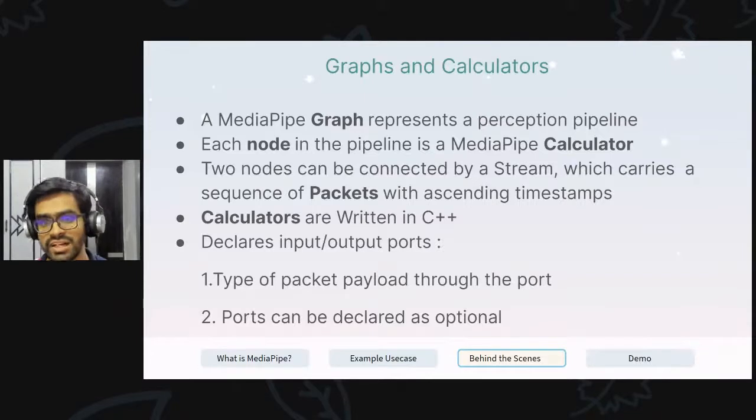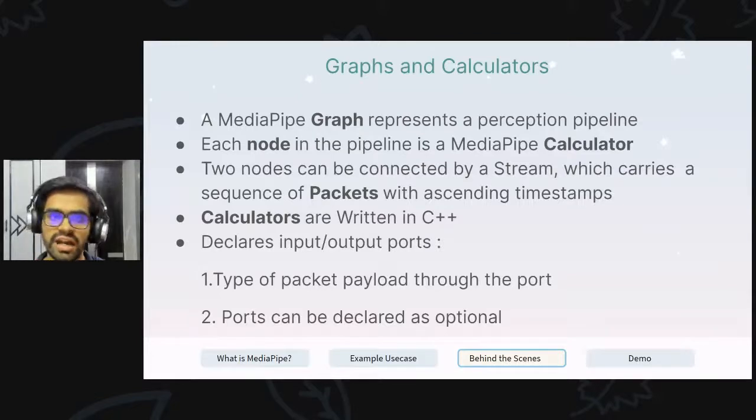Now these calculators are written in C++, and they have two different types of entry point and exit point. The input port is where all the different requests are coming in, and once the calculator has run, the output port carries the data that has gone through transformation, right?